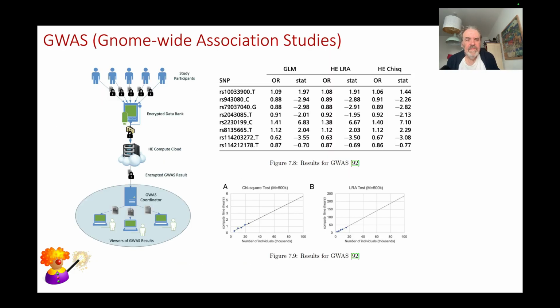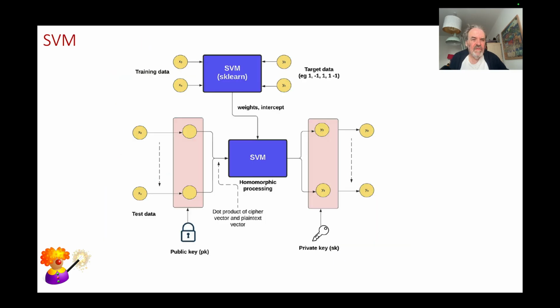This research paper studied this using a genome study, and they found that the accuracy was almost perfect in terms of the difference between non-homomorphic encrypted data and homomorphically encrypted data. Obviously, it takes a lot more processing to do this, but in this case, the processing preserved the privacy of the entities involved.